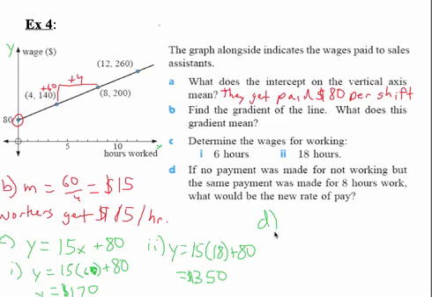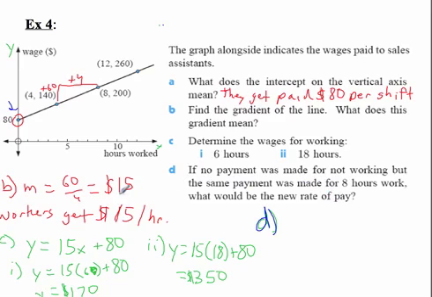Okay, so part D, if no payment was made for not working, but the same payment was made for 8 hours of work, what would be the new rate of pay? Okay, so what part D is saying is, if we don't have that initial $80 per shift, and you want to make the amount of pay the same for 8 hours of work, what would the new rate be?